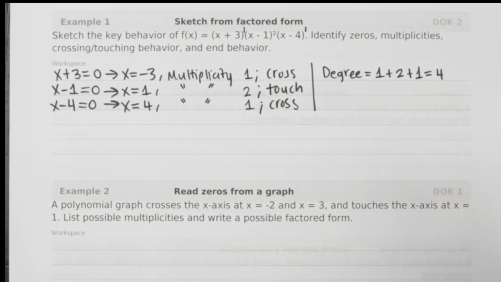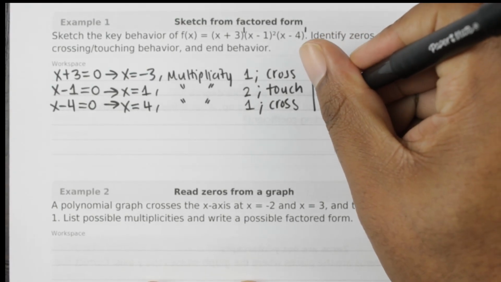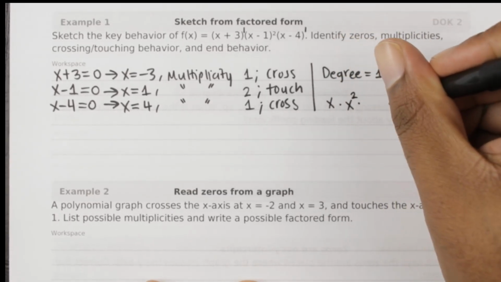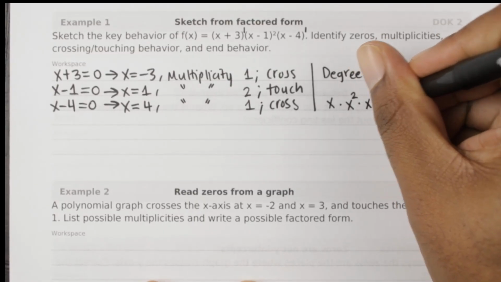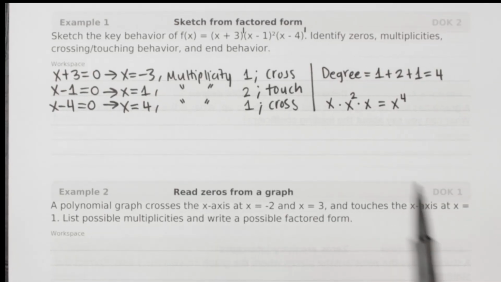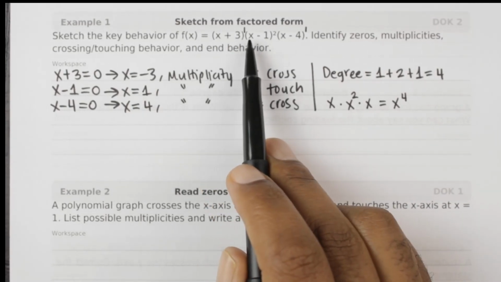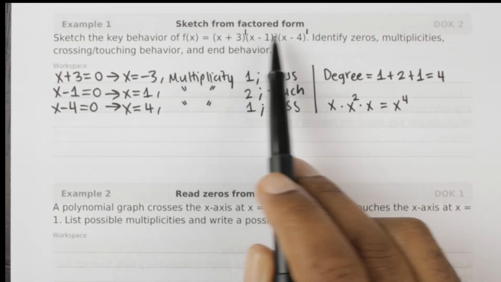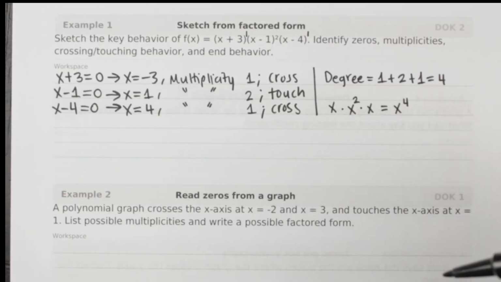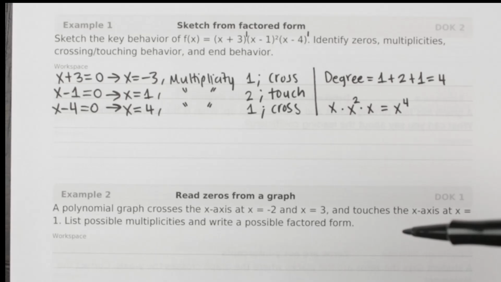So the leading coefficient is positive because the leading term comes from x times x squared times x, which equals x to the power of 4. So this is an even degree polynomial with a positive leading coefficient.